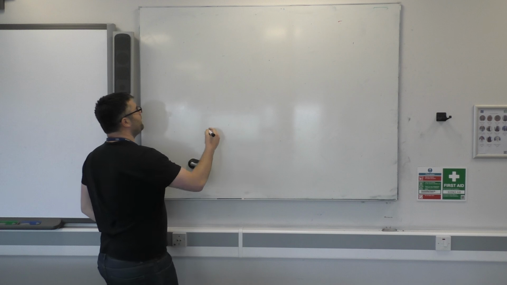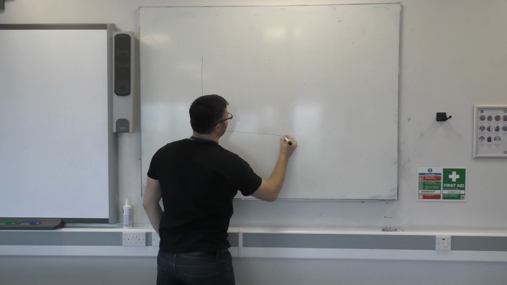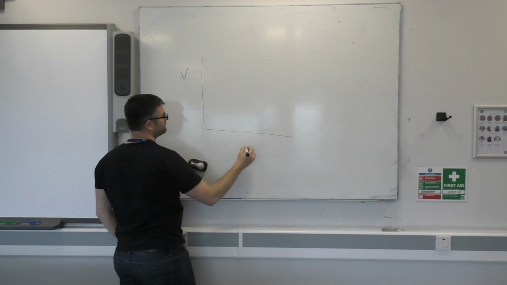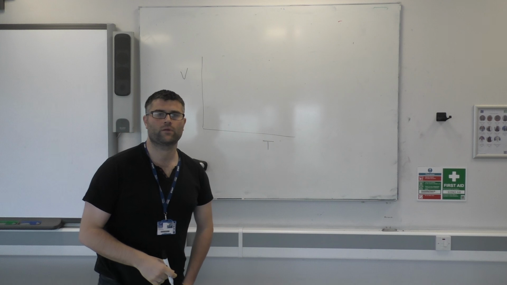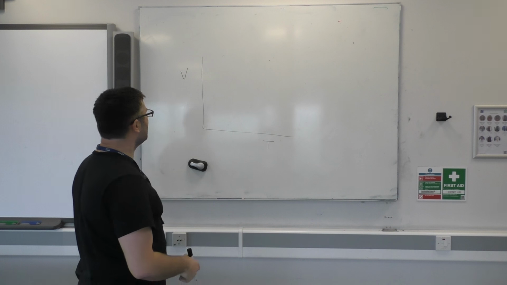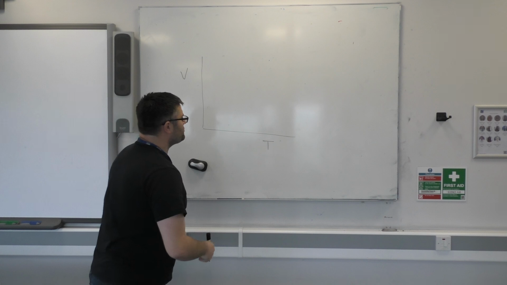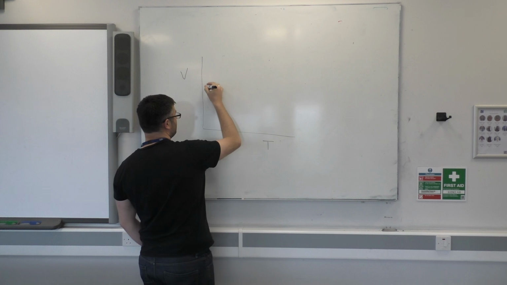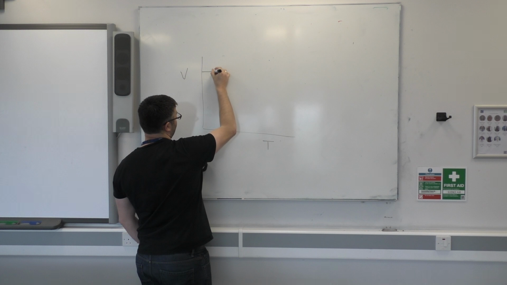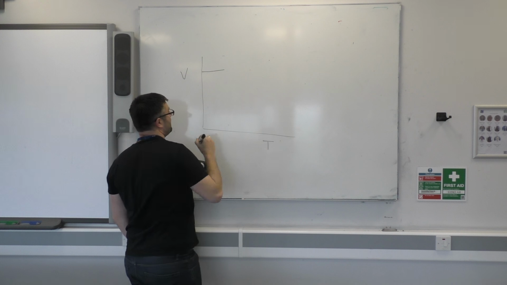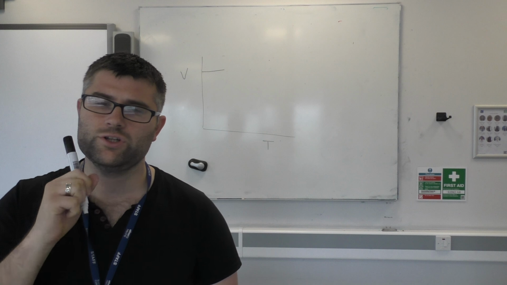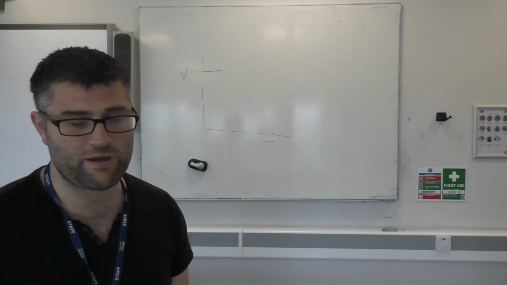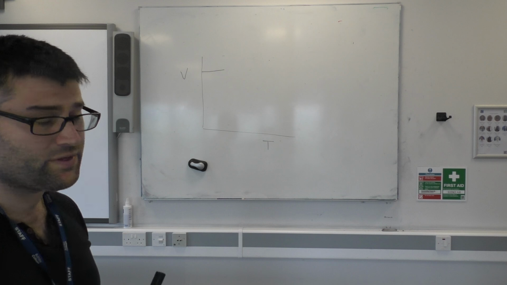So, we can draw a velocity time graph. Let's draw a nice simplistic view here. There's a nice straight line. Now, careful, a straight line on a distance time or displacement time graph was stopped.